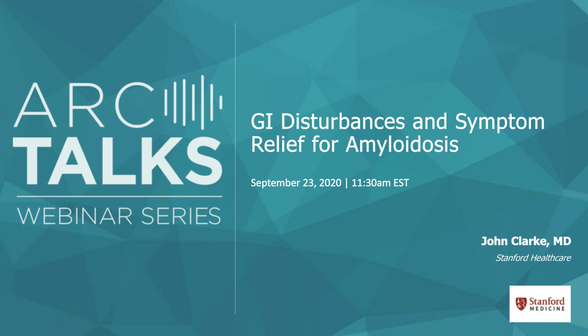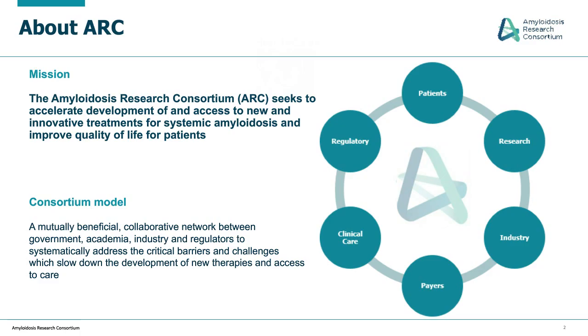And just a little bit about ARC, if you're not familiar with us. We were founded in 2015 with the mission to accelerate the development of and access to new and innovative treatments for systemic amyloidosis and improve quality of life for patients.